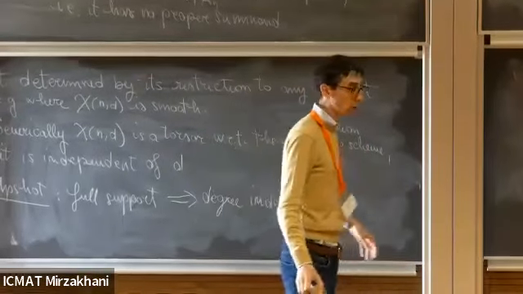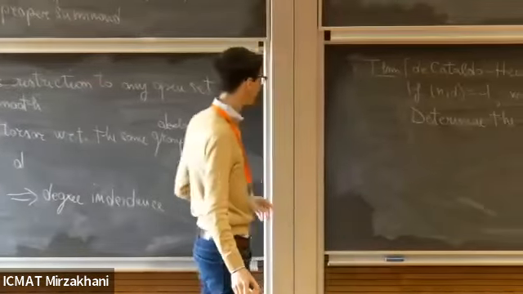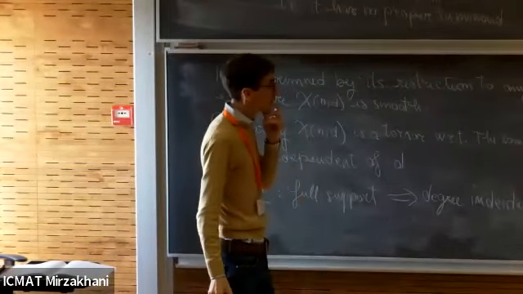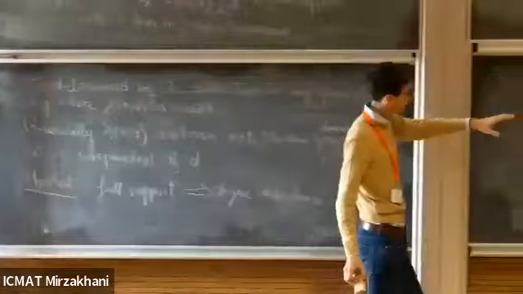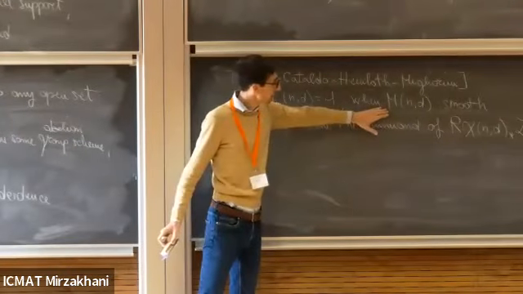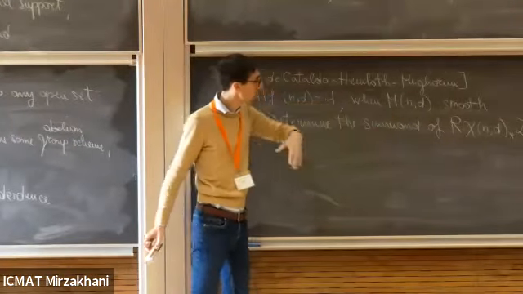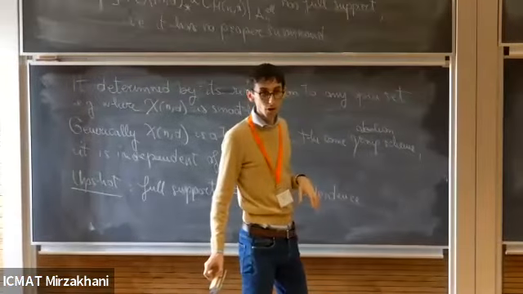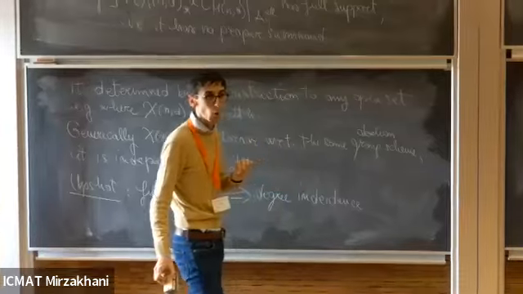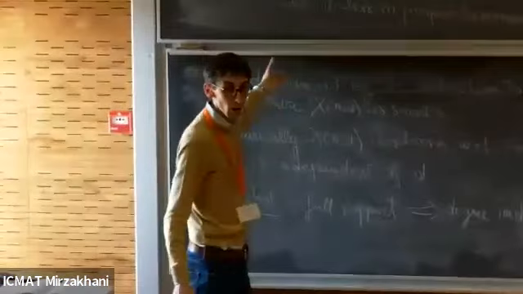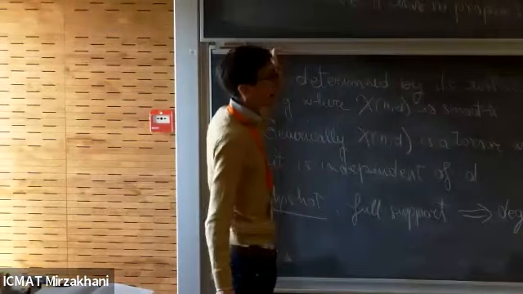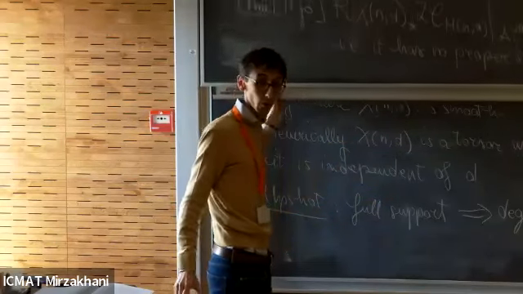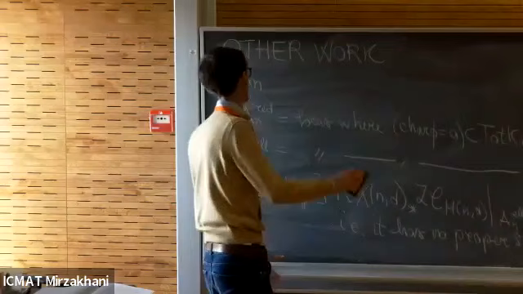It's open what happens outside, but it would be very interesting to understand what happens there. So as I said, here the smoothness is kind of important, but in our work, the singularity plays a crucial role. So now I will make a small digression about the singularities of this space. And since we will always work on the reduced locus, I will talk also of singularities over the reduced locus.